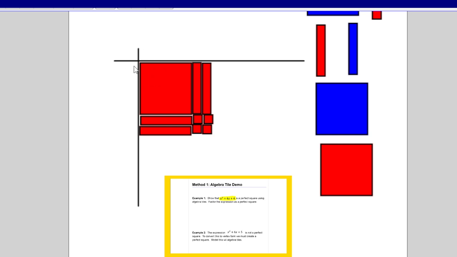Right, now I have a square that has the dimensions x plus 2 and x plus 2. So I've created a square from the terms in the trinomial. So that means this quadratic expression as a perfect square is x plus 2 times x plus 2, or I can just say x plus 2 squared.